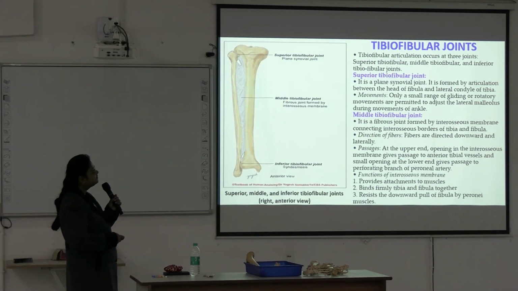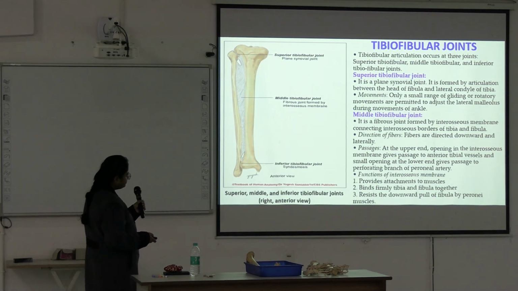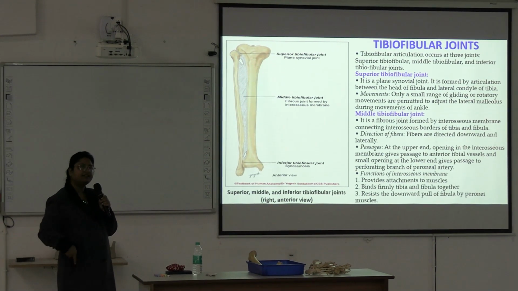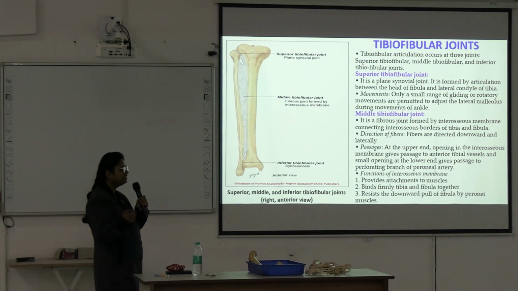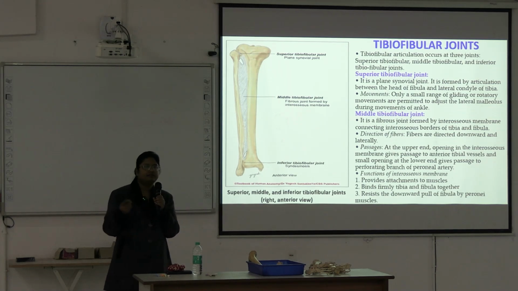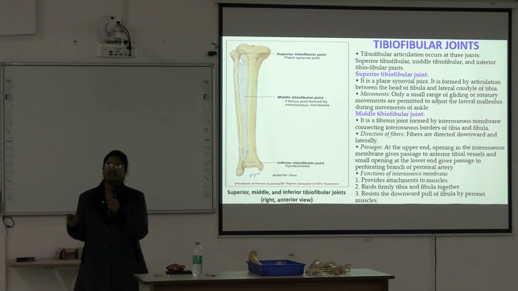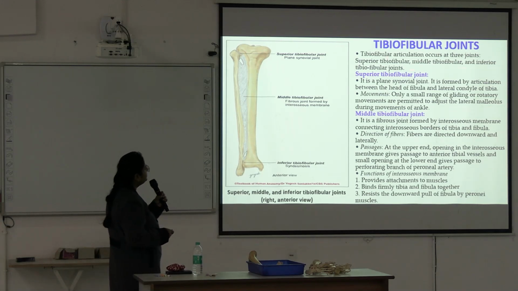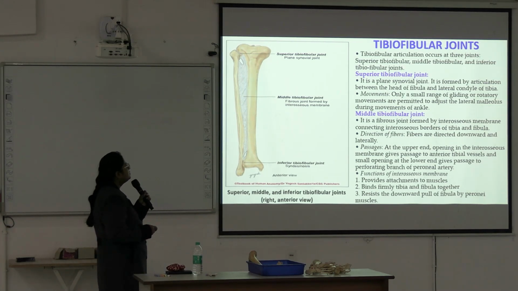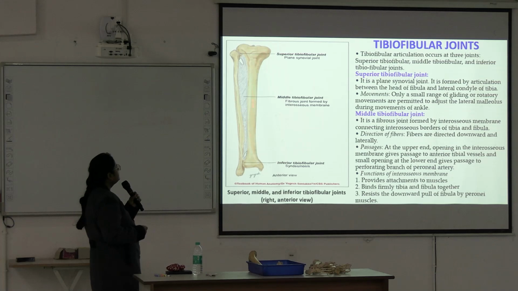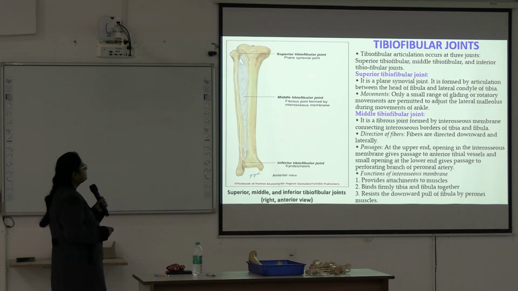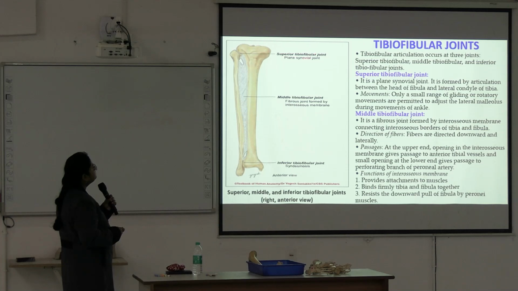Next, we go to tibiofibular joints. Three tibiofibular joints are there: superior, middle and inferior. Like in your superior extremity, there were joints between the radius and ulna. Okay. So tibiofibular articulation occurs at three joints. See here, the superior tibiofibular joint is a plain synovial joint.